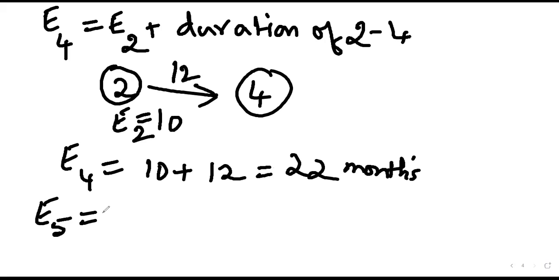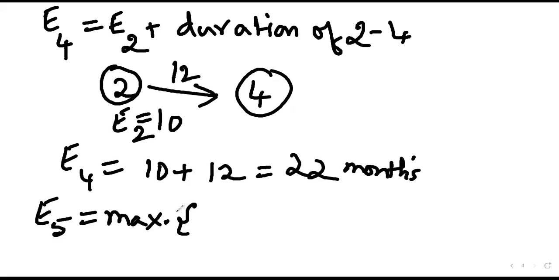So how many equations are required for E5? 3. Correct. And should we consider the maximum or minimum of the 3? Maximum. Correct. Why? Because the project manager has to wait until all 3 activities finish.